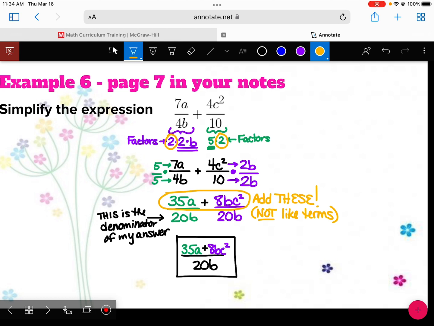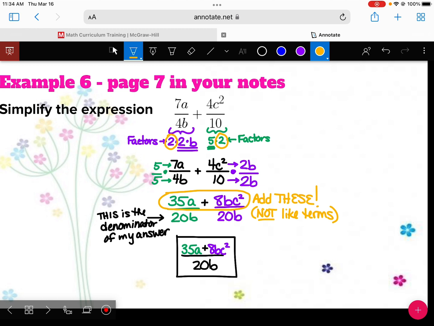Yes. So it feels like 10a over 20b plus 5ab over 20. I couldn't combine those. Nope. So it would just be like that. But if it was only an a on each side, then you could combine them. Yes.